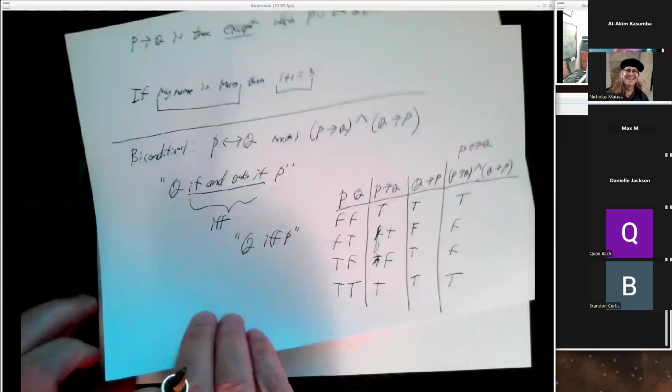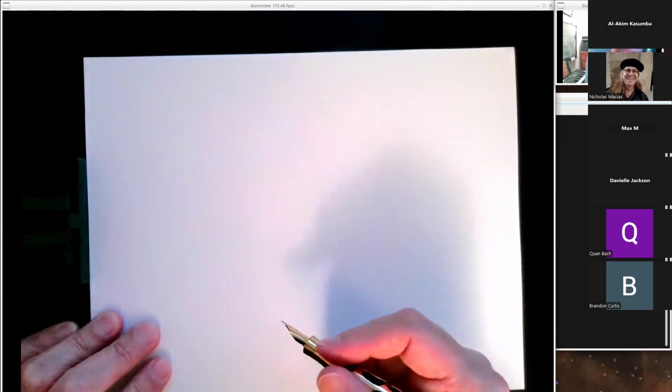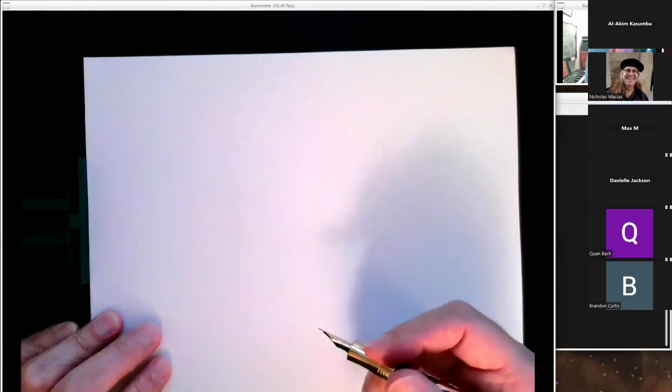So when we're studying propositions and we want to know, is this proposition equivalent to true or false, or is it equivalent to something else? We can use truth tables, just like in CSE 250.